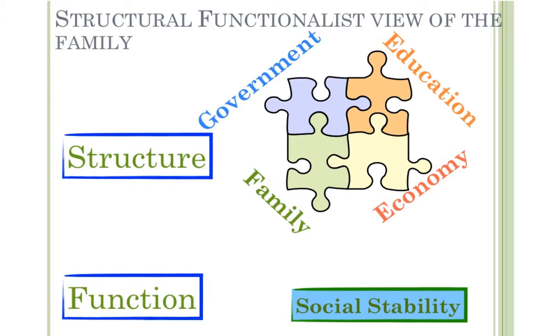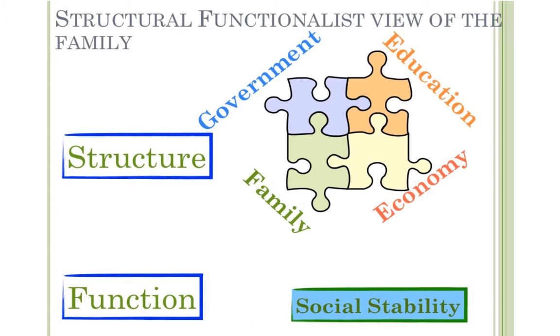When you're a 3-year-old, you don't have as much responsibility as a 16-year-old, and the role a 16-year-old has is more specialized. That includes the specialization between mom and dad. In a more traditional family model, dad is the breadwinner and mom is the child rearer. That's the specialization that the functionalists talk about.